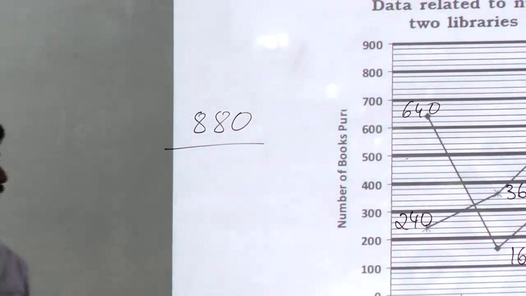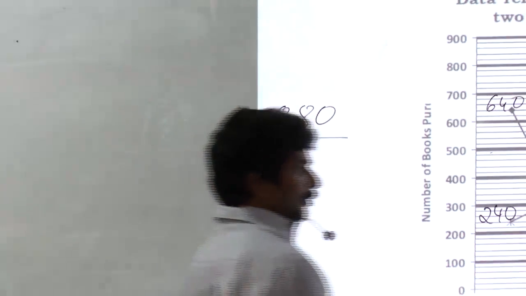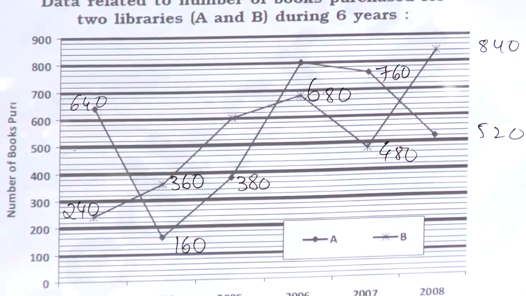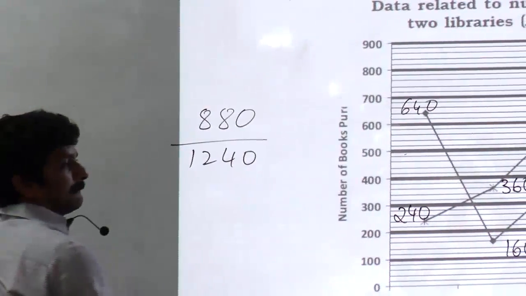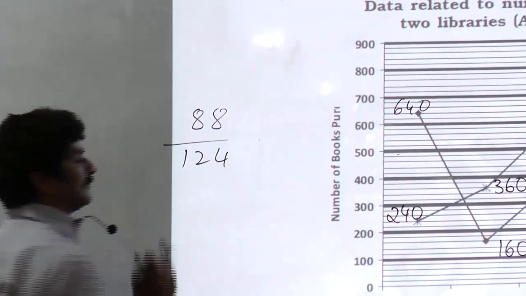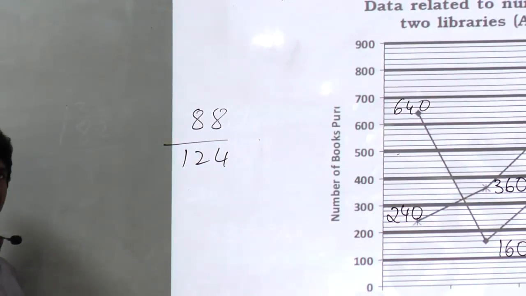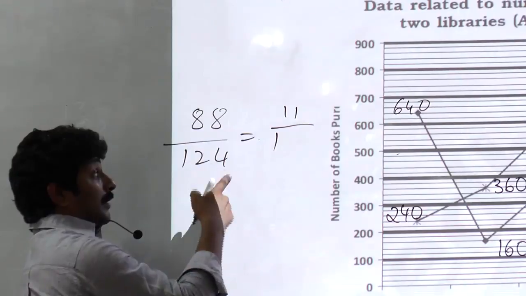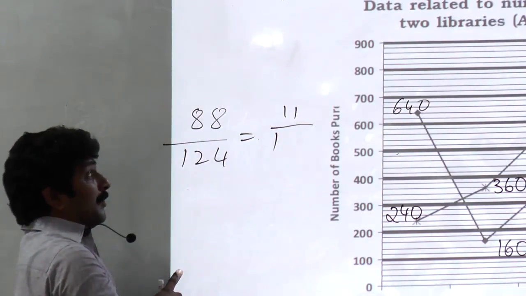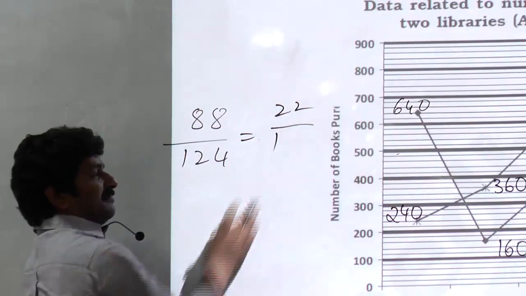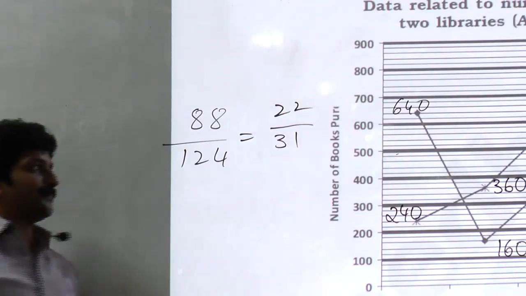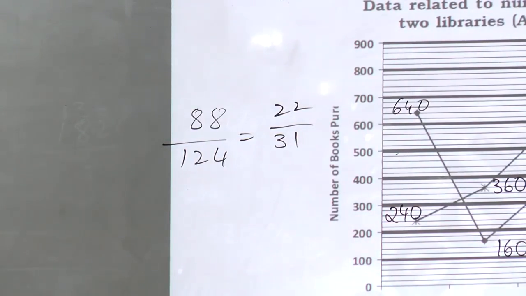You have many options. 2007, this one 480. 760 plus 480, 1240. 1240. Zeros cancel. Cancellation with 8. 8 how many times? 11 times. 8 ones. 430. Correct. 22 times and it is 31 times. 22 by 31. Fifth option.